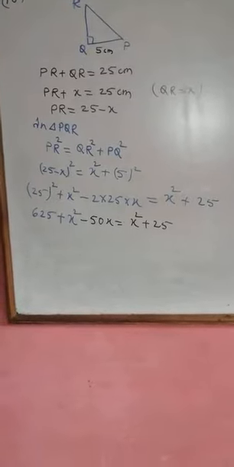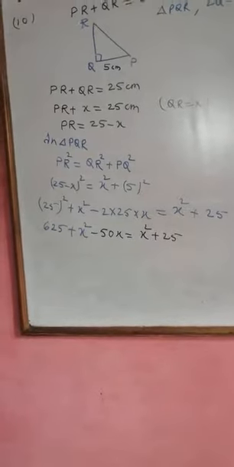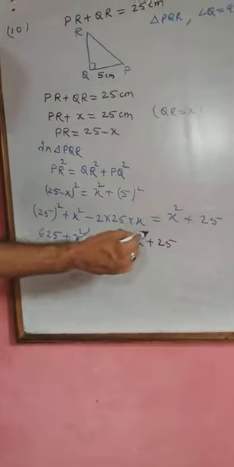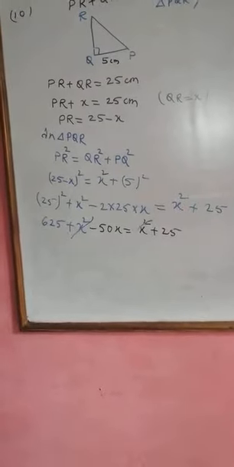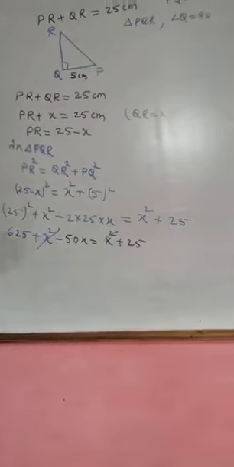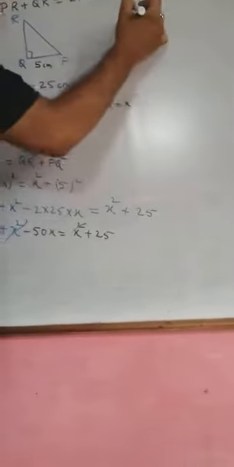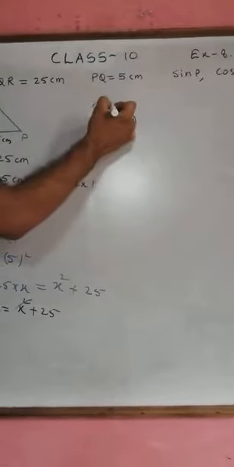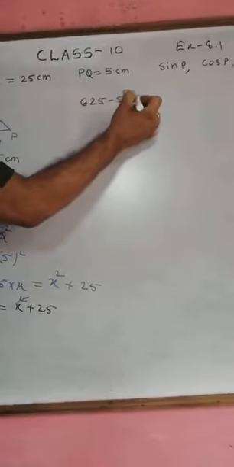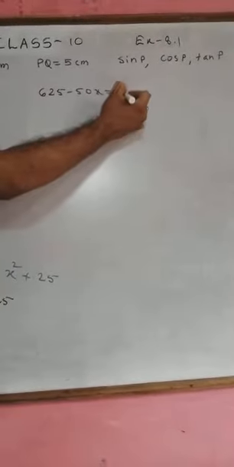Now X square is positive on both sides, so X square and X square cancel. So we get 625 minus 50X is equal to 25.